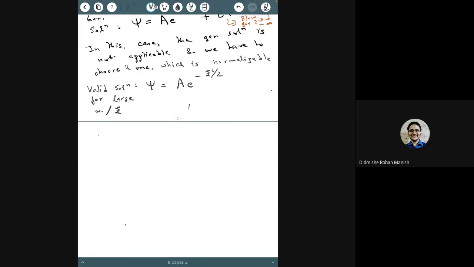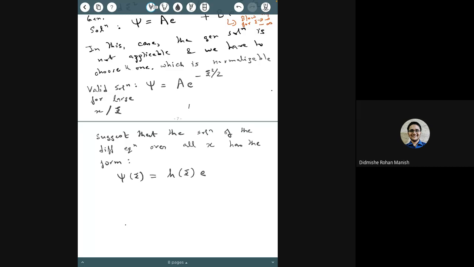So we suggest that the solution of the differential equation over all x has the form psi xi is equal to some function of xi multiplied by this asymptotic part.